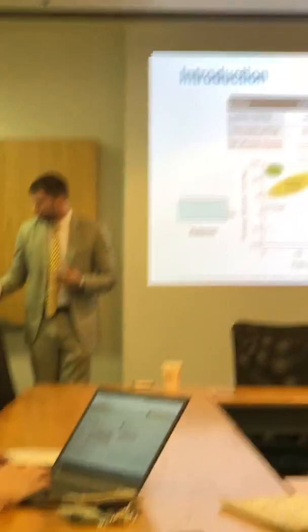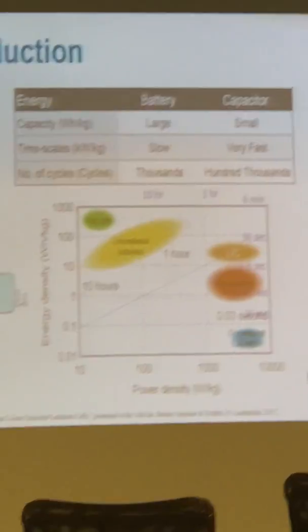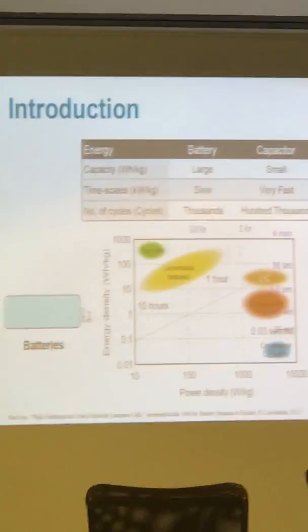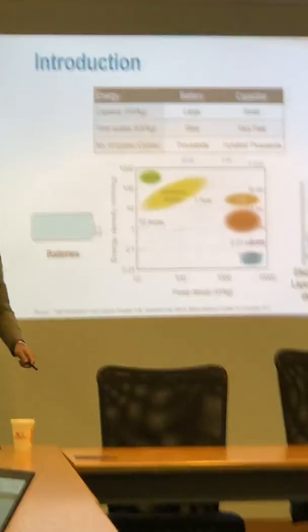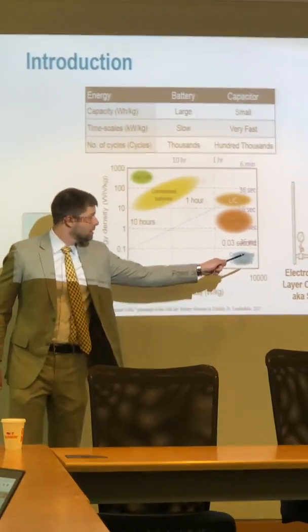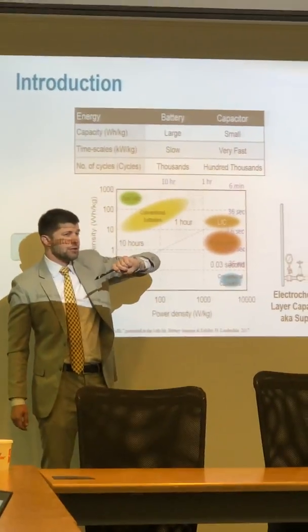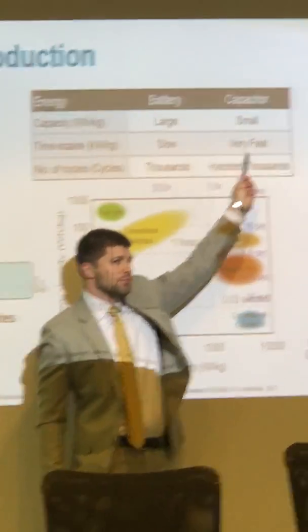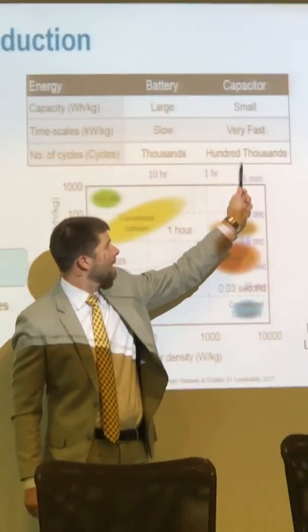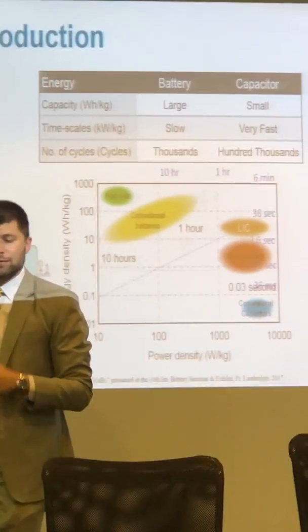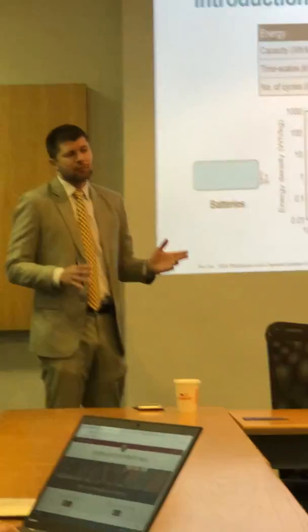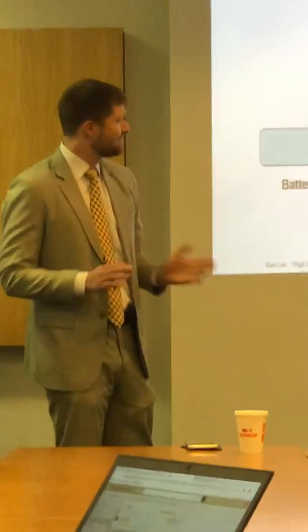All right, so introduction. I used to get asked a lot, what's a supercapacitor? Well, a supercapacitor is a device that stores energy. Typically, it can only store a little bit of energy, but it can charge and discharge it very fast. And cycle life, some people out on the market are reporting millions of cycles, but as a practical matter, hundreds of thousands easy.